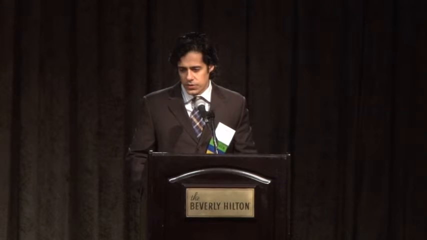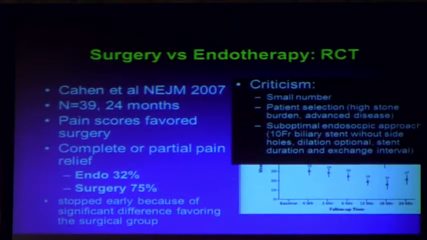And so the use of a large French stent without side holes may have contributed somewhat to that outcome. And the stent duration and exchange were not necessarily in line with what everyone practices. Somewhat moderate duration and an exchange interval that seemed to be less aggressive than what some people would do.